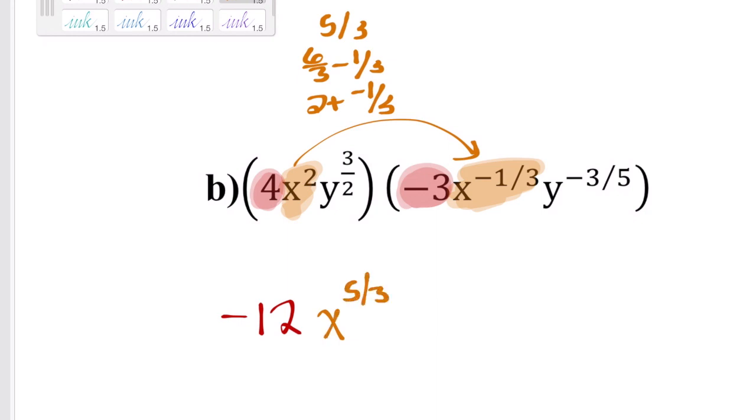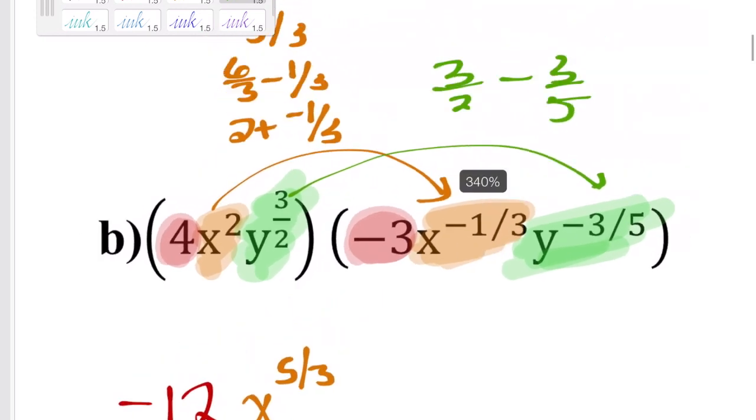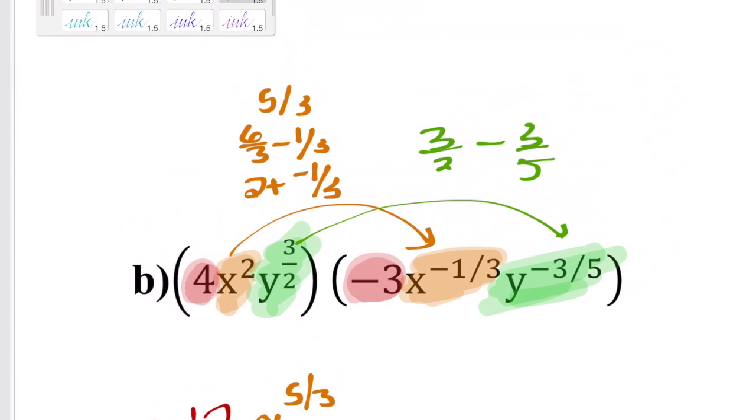And then my y variables. I have 3/2 plus -3/5. Those aren't the same denominator, so I want to make them the same. That means I need 10, so that would be times 5, 15 over 10, and then times 2 would be 6 over 10. 15 minus 6 is going to give me 9.